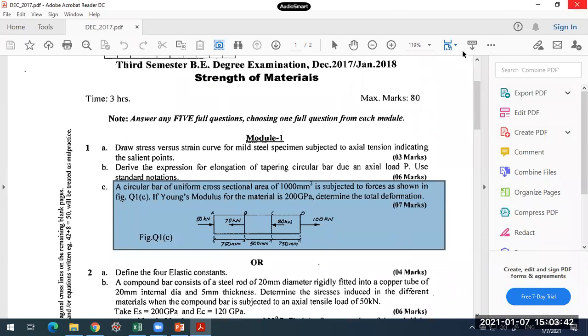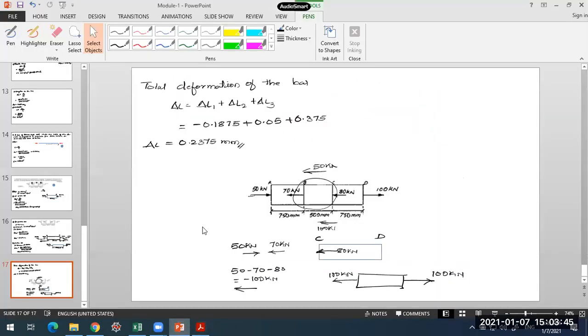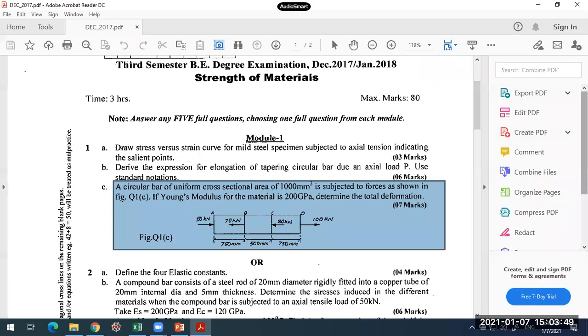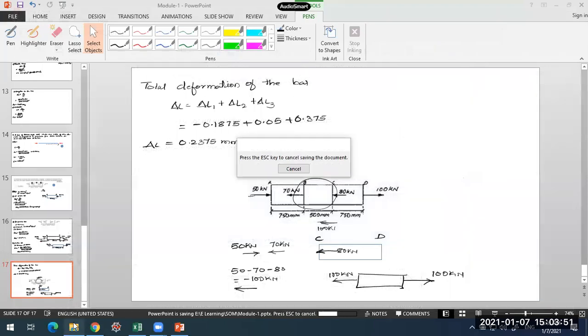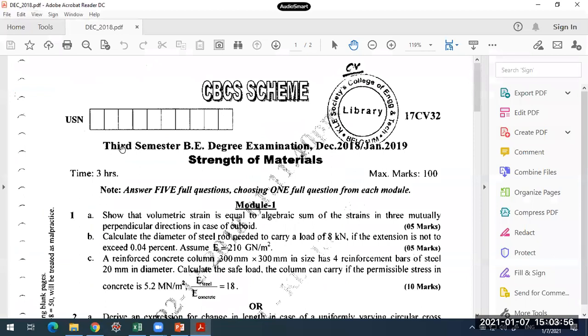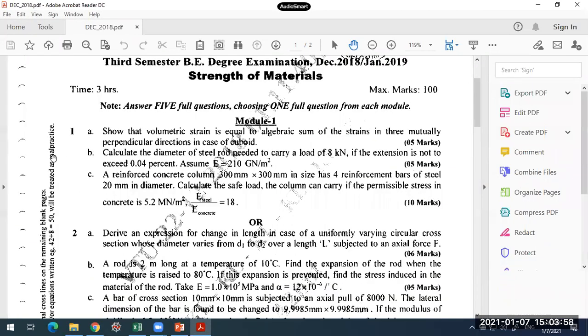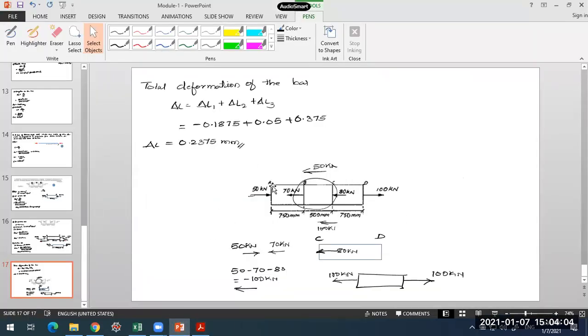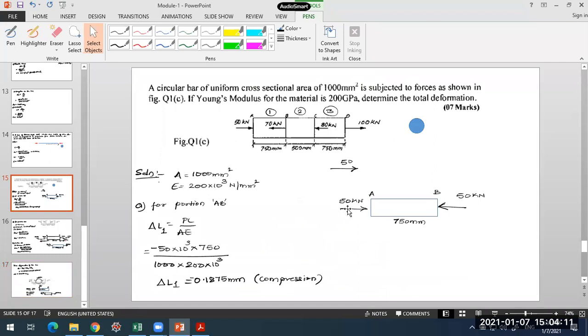AB portion. 50 kilonewton is there on the left face of the AB portion.